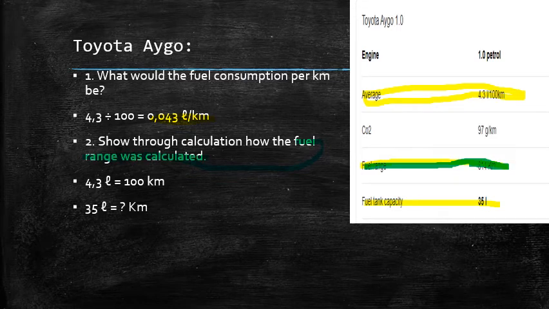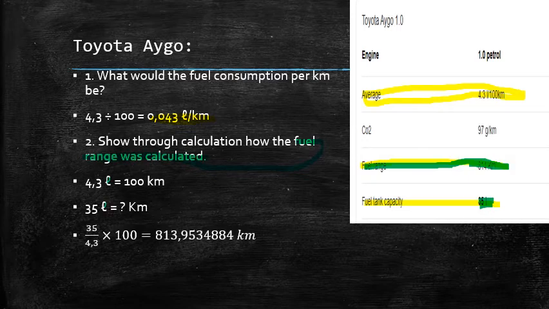So we know that the tank has a capacity of 35 liters. So we put liters by liters, and we put kilometers by kilometers. Now remember, the magic method is divide up, times across, and that gives us 813,9534844 kilometers, which we then can round off to 814 kilometers.